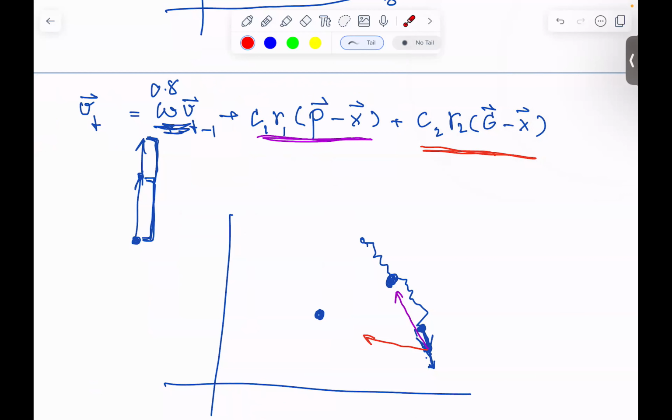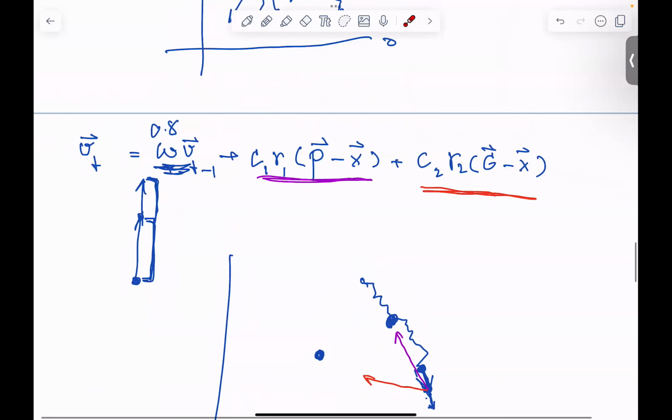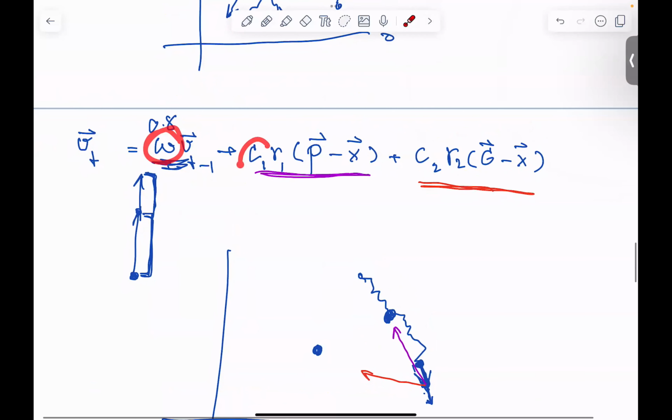Okay, so you can see that we have the term initial here, omega. So I declare omega, C1 and C2.